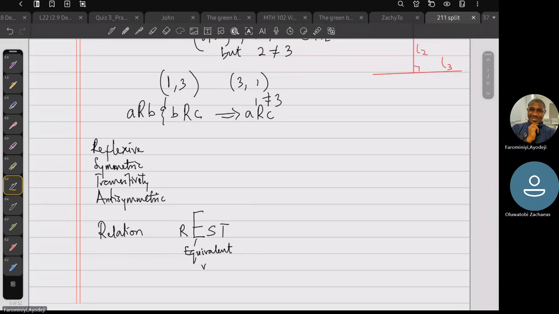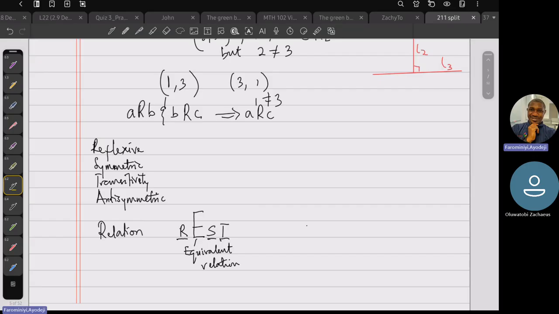Okay? Yes, sir. If it satisfies reflexivity, symmetricity, and transitivity, all of them, none of them must fail, then it's an equivalence relation.